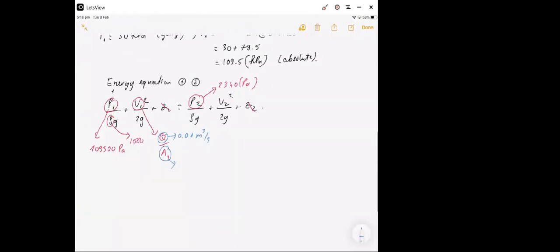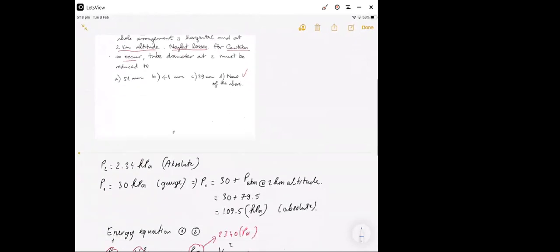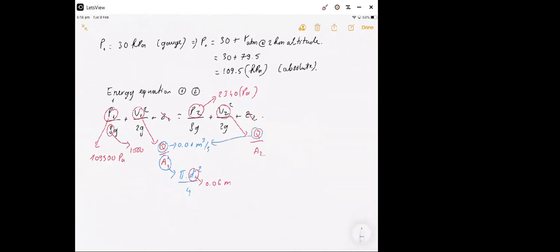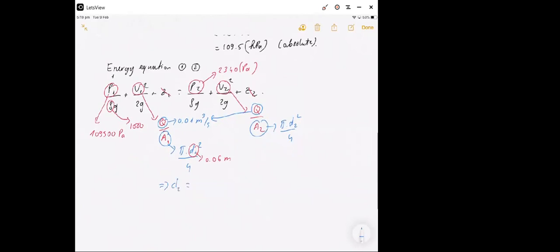Area 1 is pi d1 square over 4, where d1 is 60 millimeter, or 0.06 meter. Only V2 we don't know, but V2 will be equal to Q divided by A2, where A2 is pi d2 square over 4. So from this one you can find d2.